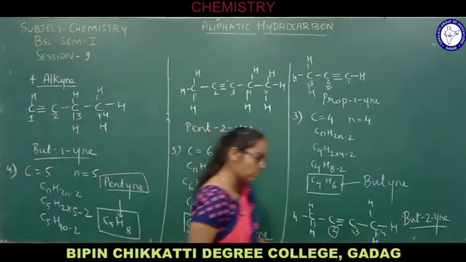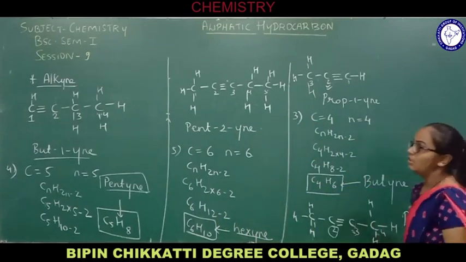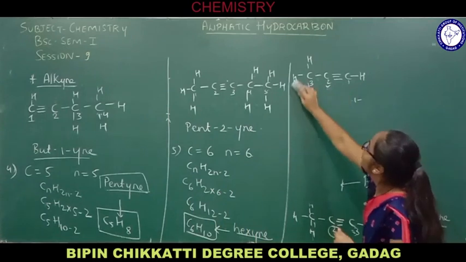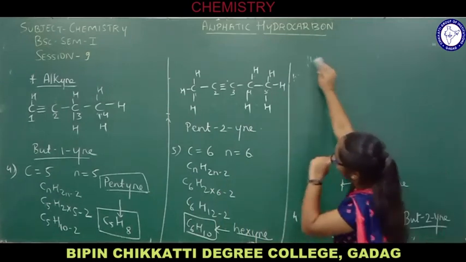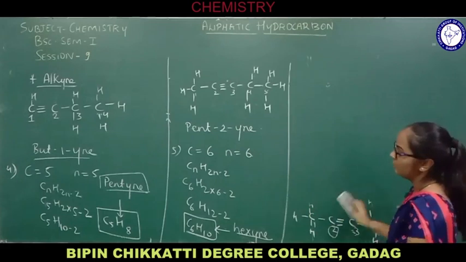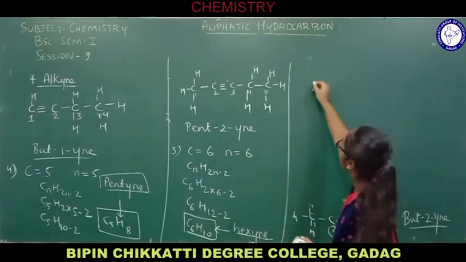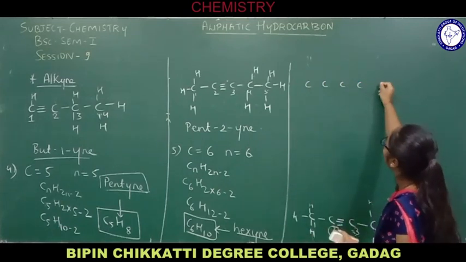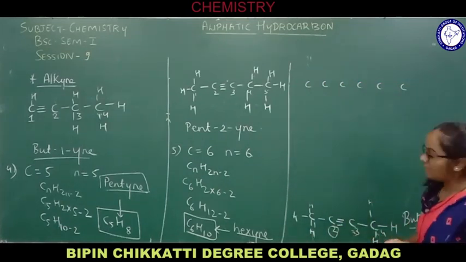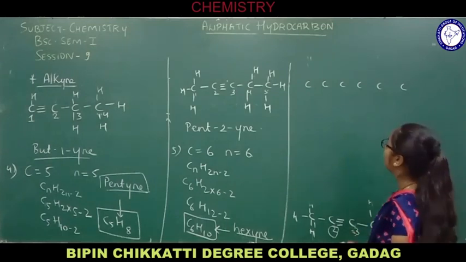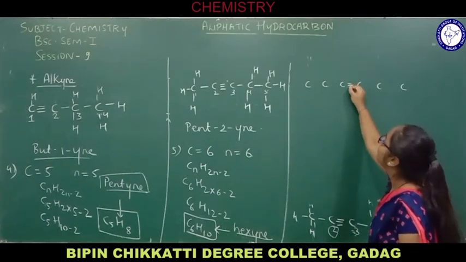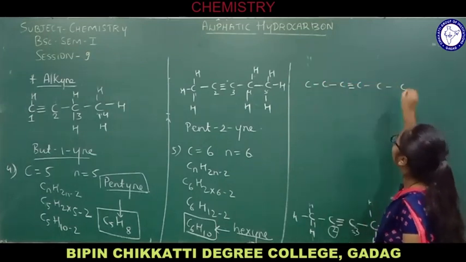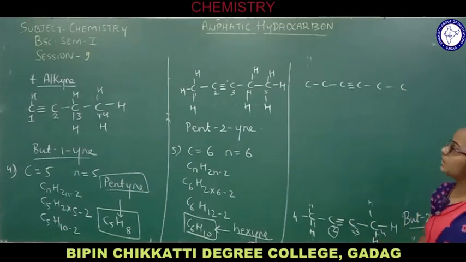So let's write down the structure for this fifth member of the alkyne family, hexyne. 6 carbons are there: 1, 2, 3, 4, 5, 6. Done with the 6 carbons? Now if I want to give the triple bond over here, the remaining carbon atoms will be balanced by getting attached to neighboring carbons.